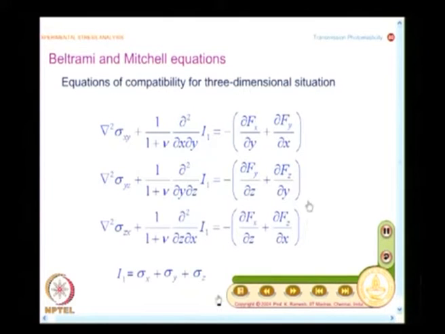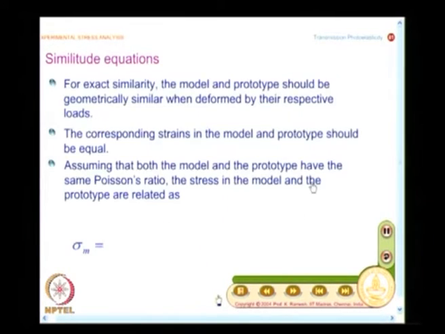By looking at this cyclically changing, you will be able to get this, and you have I1 as sigma x plus sigma y plus sigma z. See, what is important in doing a model study is you will have to follow the similitude equations.